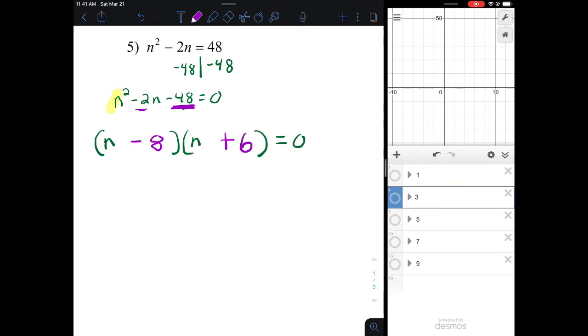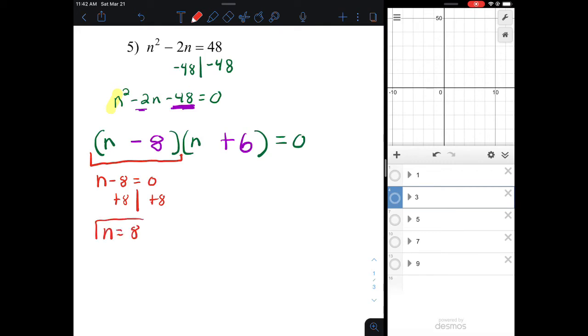And now we work back through our process to solve. So I can make the entire left-hand side equal 0 because we're multiplying two things together, if I can make the n minus 8 or the n plus 6 produce a value of 0. So I'm going to say n minus 8 equals 0, and I'm going to solve for n. I add the 8 over, and so I get n equaling 8.